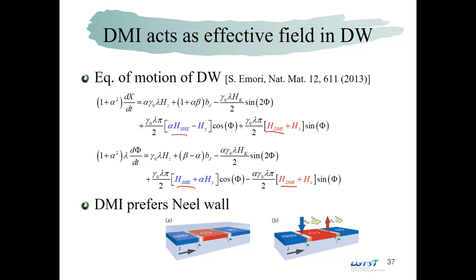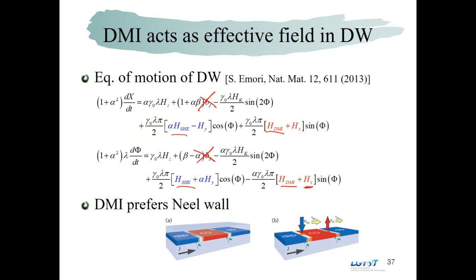Or even without spin transfer torque, the domain wall can be moved. Okay. So in this sense, we can easily imagine the role of DMI.